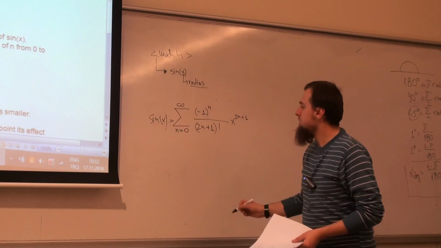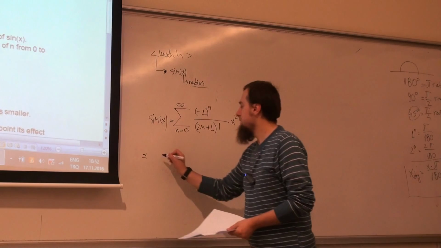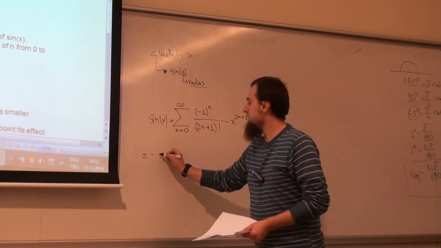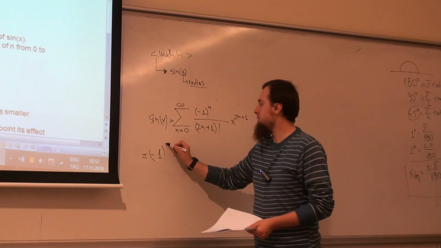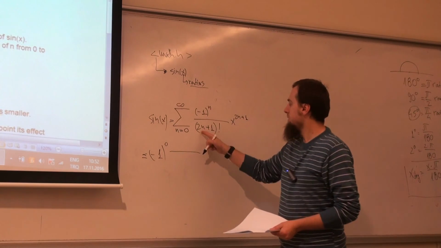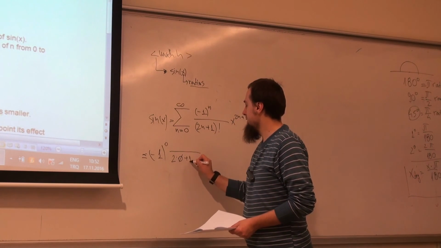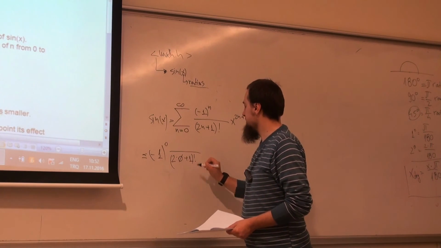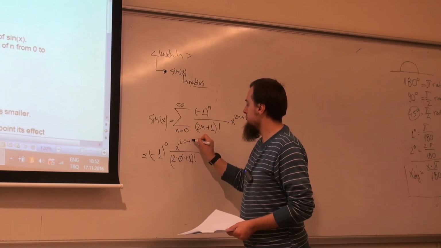Okay? So, what is this? It's equal to minus 1 to the power of 0, initially n is 0, divided by (2 multiplied by 0 plus 1) factorial, multiplied by x to the power of 2 multiplied by 0 plus 1.